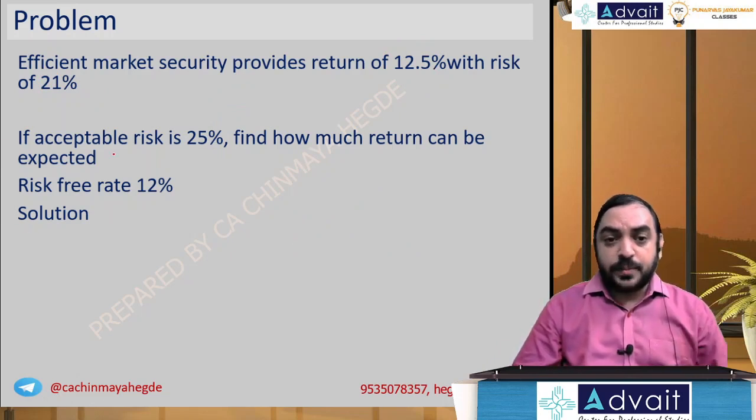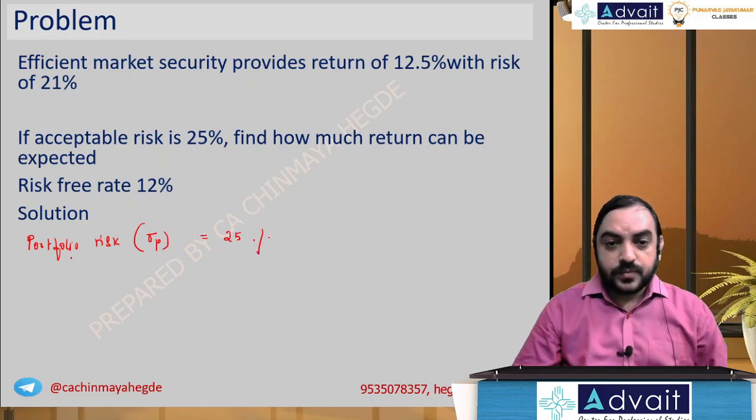target risk or acceptable level of risk, portfolio risk. That is sigma p is 25%. Market risk is sigma m, which is 12%, sorry, 21%.